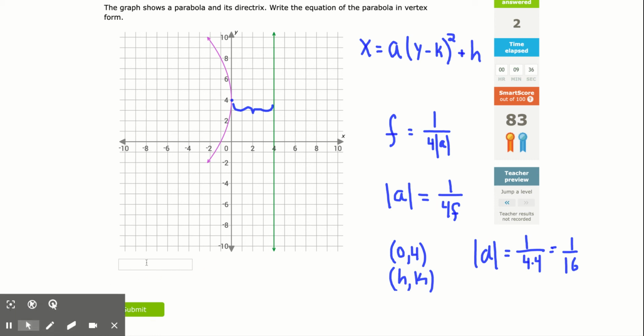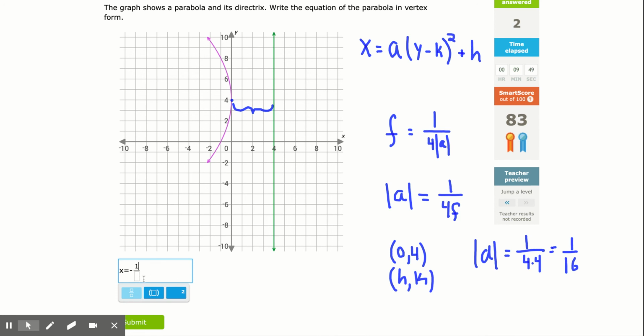So this one I have all the information I need. I know this is an open left, so it's going to be x equals. I know that my a value is a negative 1/16 because it's open to the left, and I found my a value by taking 1 and dividing by 4 times the focal length, where the focal length was 4.